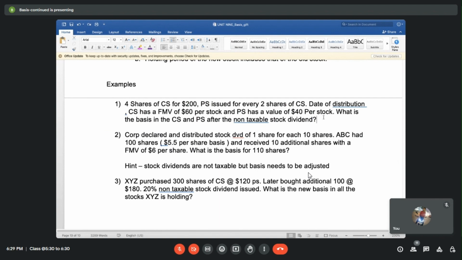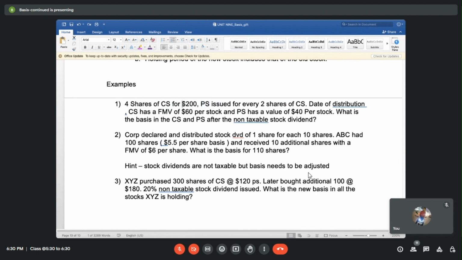Write this down and let's try to see if we can do the apportionment based on the fair market value. See, what he has acquired with is $200. Now this $200 was the original purchase price. He's getting 2 preferred stock for free.